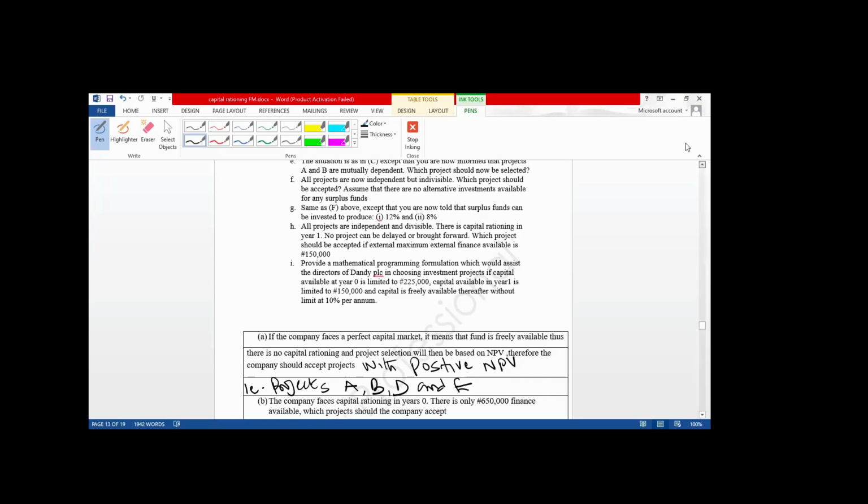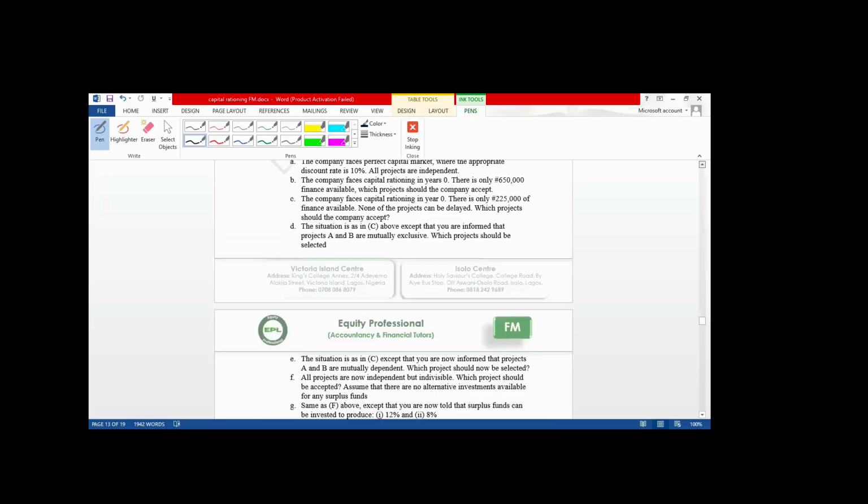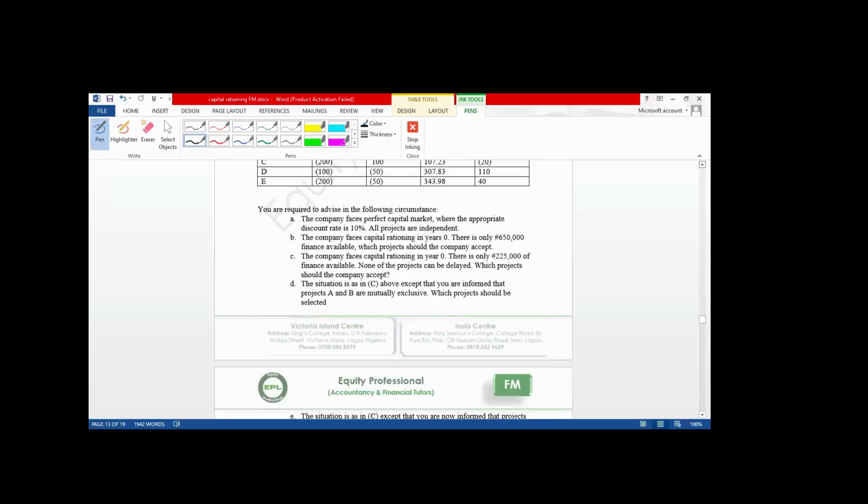Go to requirement B. The company faces capital rationing in year 0. There is only 650,000 finance available. Which project should the company accept?